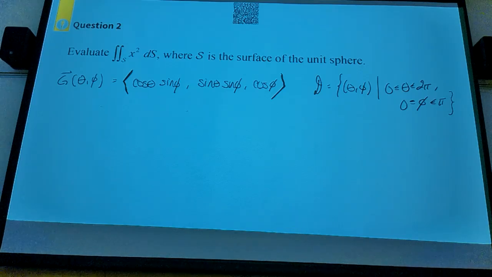Theta goes 0 to 2 pi, phi goes 0 to pi. The norm of our normal vector is the radius squared times sine of phi.